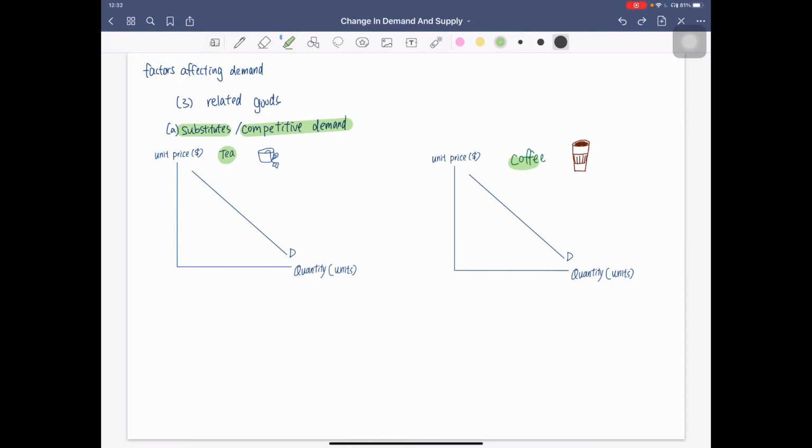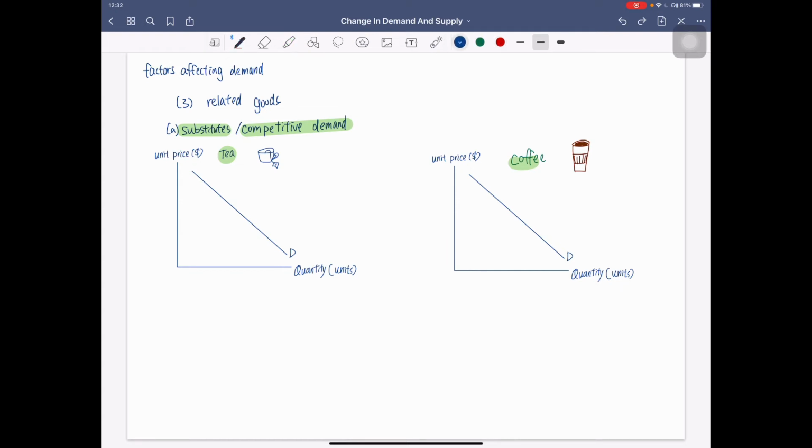So they are drinks and they can keep us awake. And we call this kind of related goods substitutes, or you can call it competitive demand.